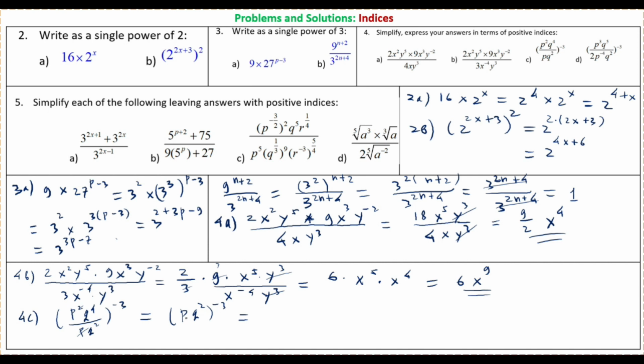A here is p and b here is q squared. So we've got p to the power of minus 3 times q to the power of 2 times minus 3, which is minus 6.